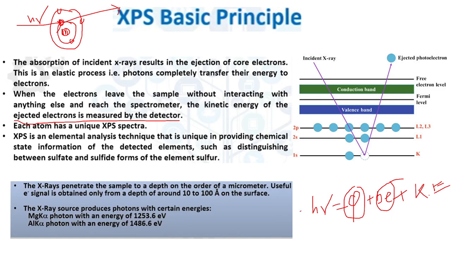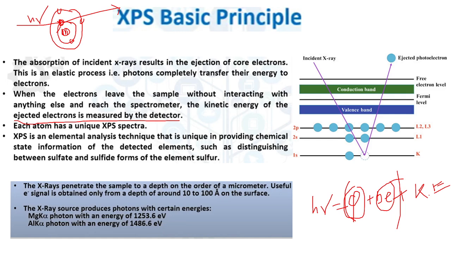So when hν is greater than the sum of work function plus binding energy, the excess energy will be used as kinetic energy, that is, how much kinetic energy the ejected electron has after leaving the atom.